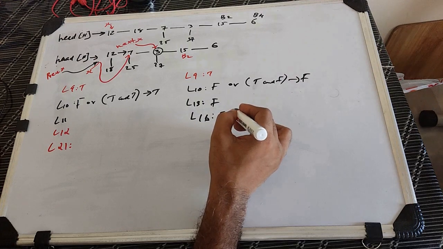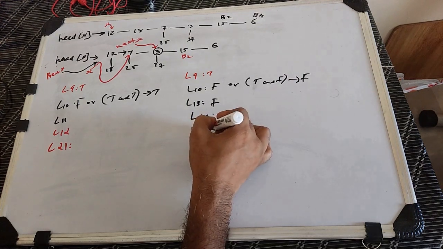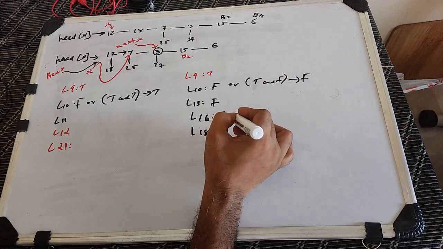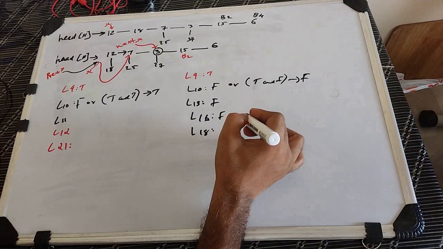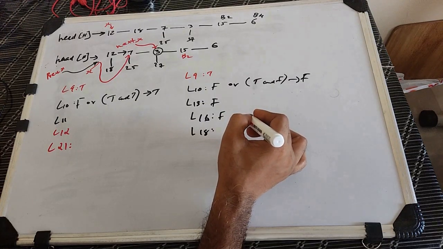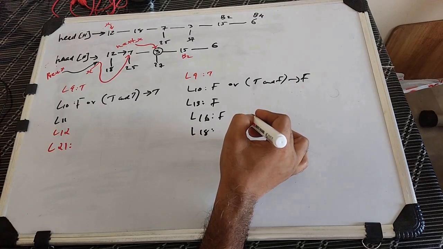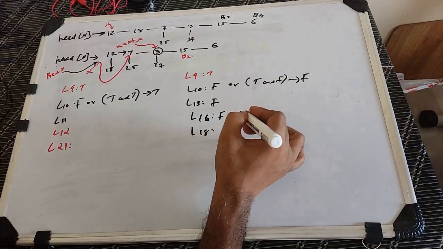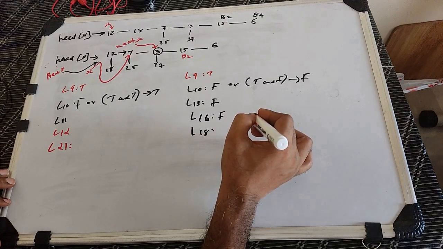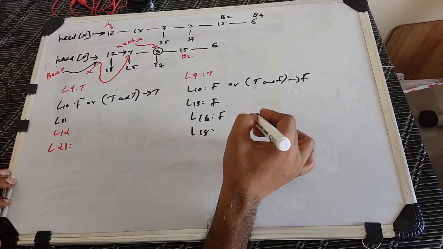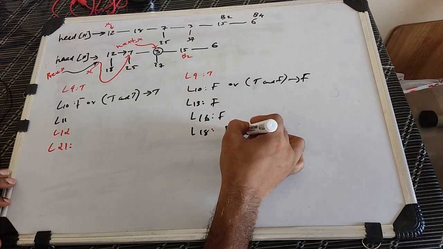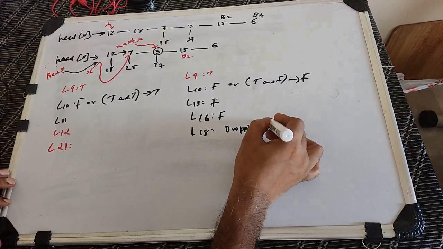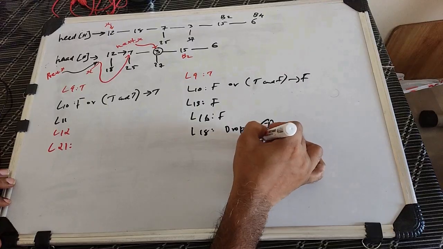Then coming to the else part, that is line number 18. Sibling of previous x equal to next x. Previous x is 12. That is dropping this one, 7, 25.